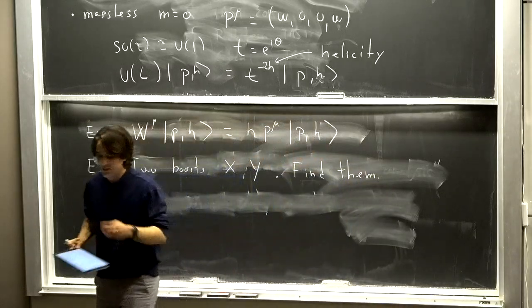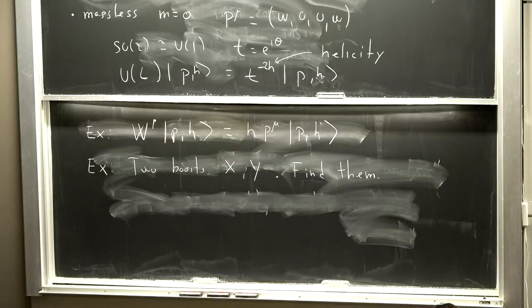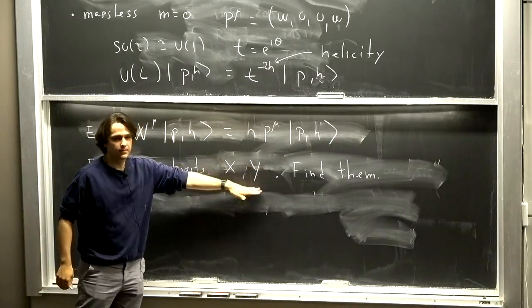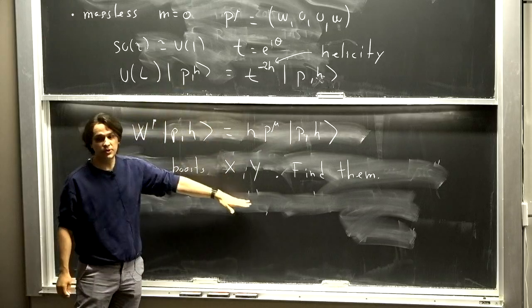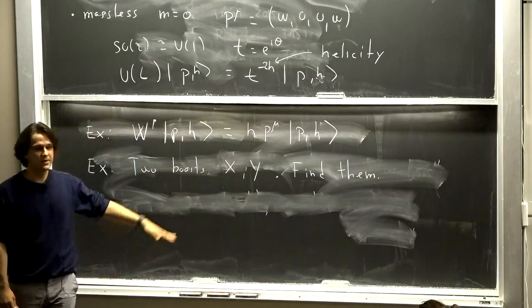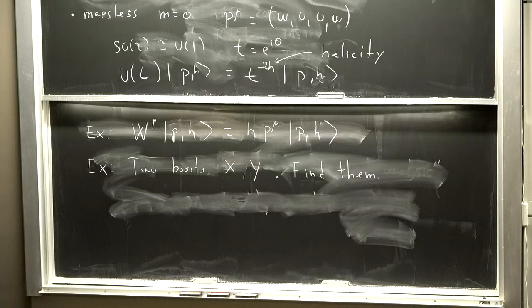I'm not going to say much about this, guys, because if you try to add labels, so if you try to make this state transform non-trivially under these, so look at a representation that has non-trivial charges under these guys, it turns out that this is something called a continuous spin representation, which has been seen as an oddity over the years.